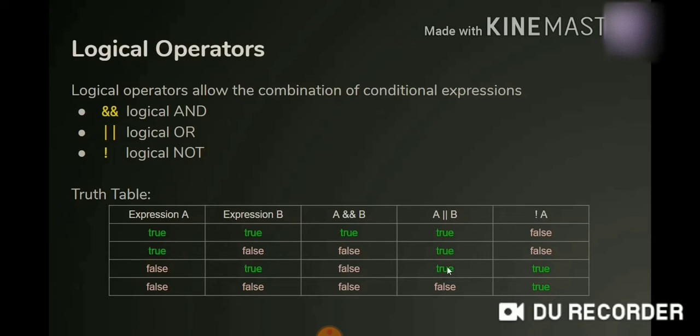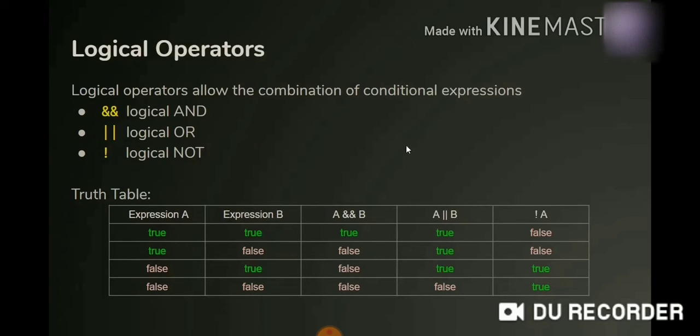Now the logical OR operator only requires one of the two conditions to be true. So if A is true or B is true, then A or B is true. You can see here, if they are both true, definitely at least one is true, so that is true. If A is true and B is false, A or B is true. If A is false and B is true, then A or B is true.